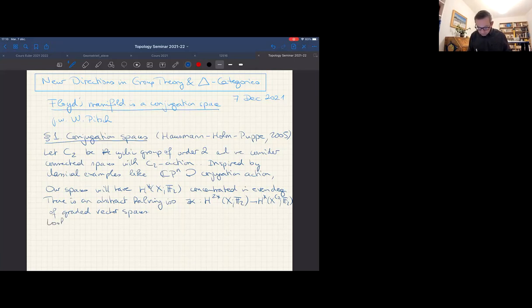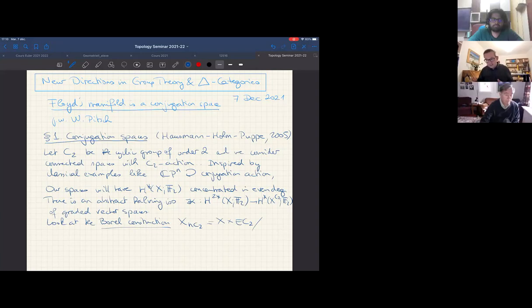So we look at the Borel construction, or homotopy orbits, which are obtained by taking a product with EC2, S infinity with an antipodal action, so a contractible space with a free action, and then we divide out by C2.